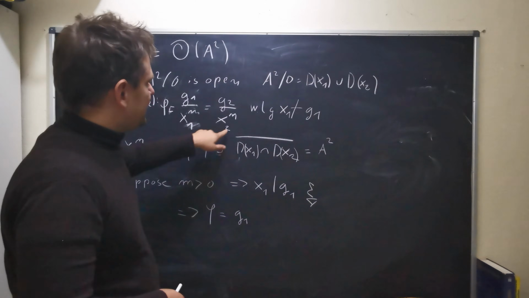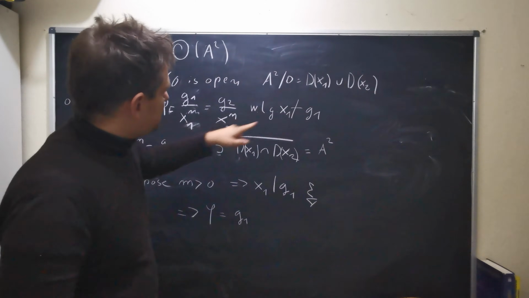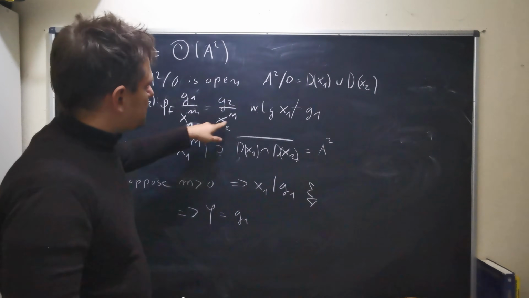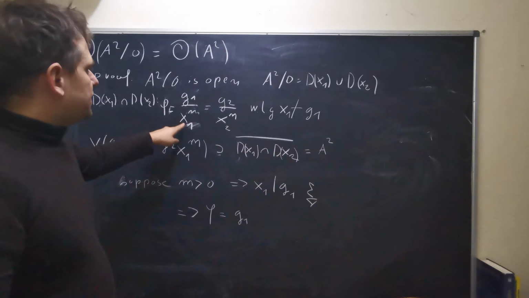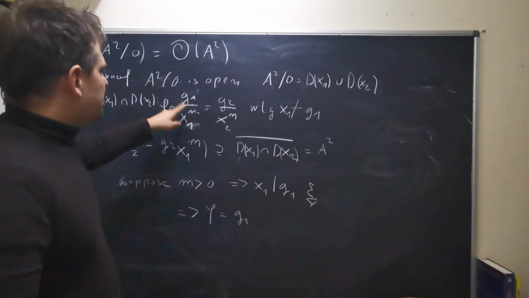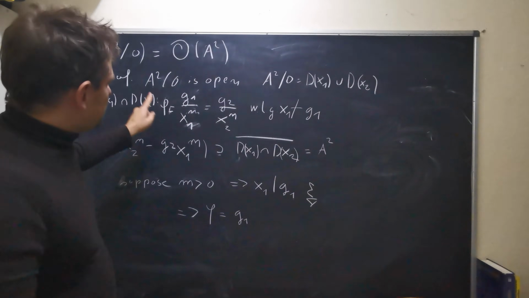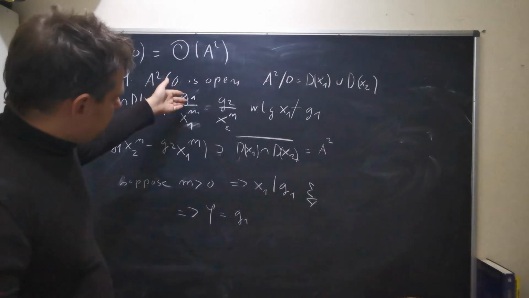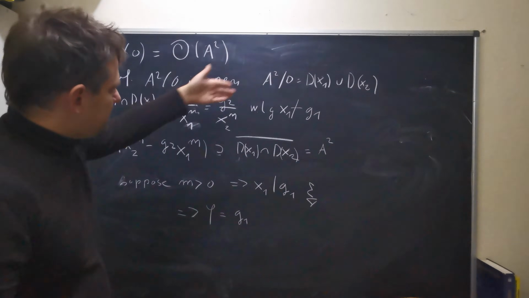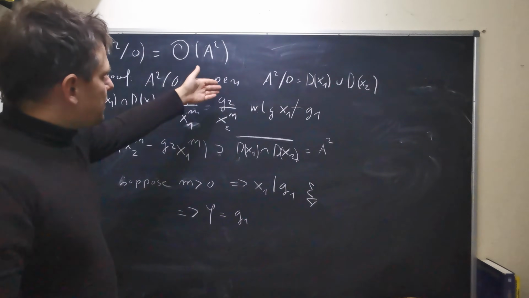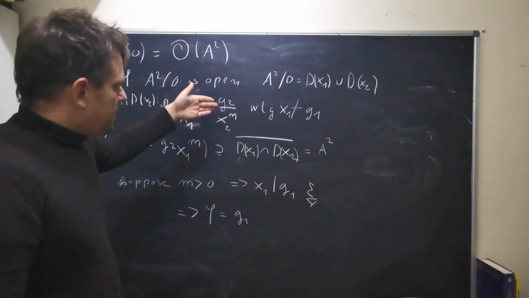So in this case, on D(x2), you can write every regular function in this form. And on D(x1) you can write every regular function in this form. So suppose we have a regular function phi, which by what I've just said can be written on D(x1) in this form, and on D(x2) in this form.